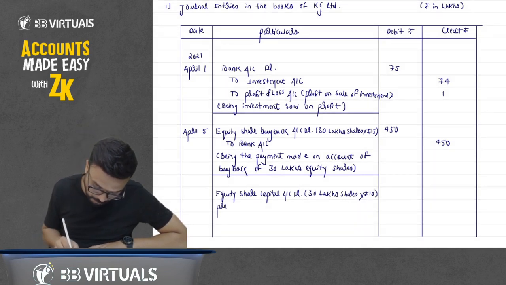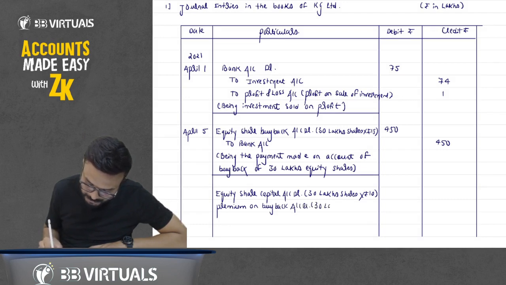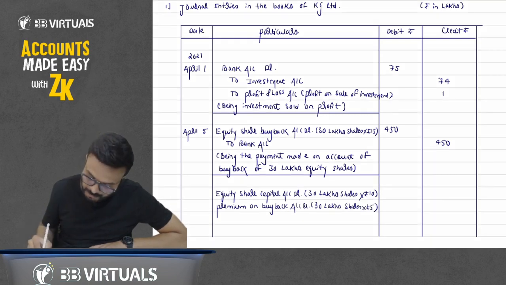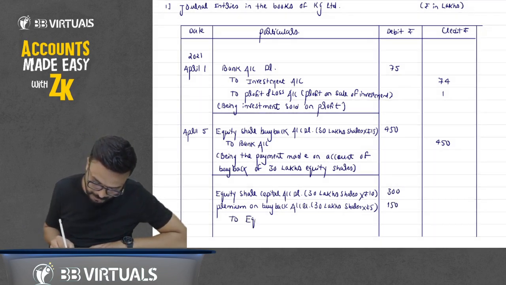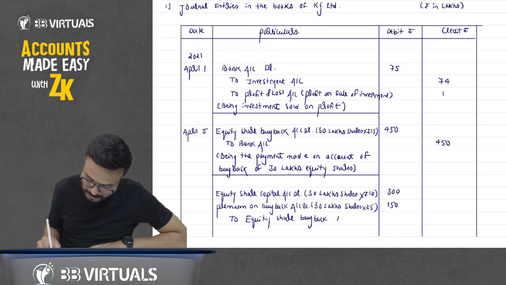Premium on buyback account debit, 30 lakh shares of rupees 5. So 30 multiplied by 10 comes to 300 and it will come to 150. To equity share buyback account. Total is 450.